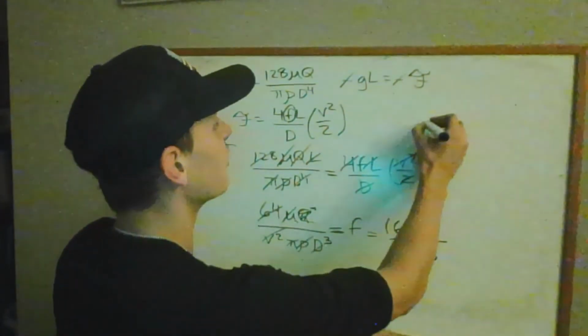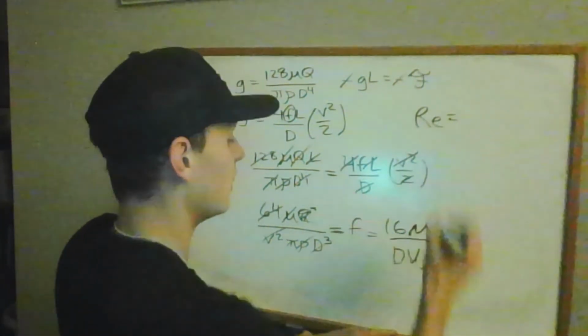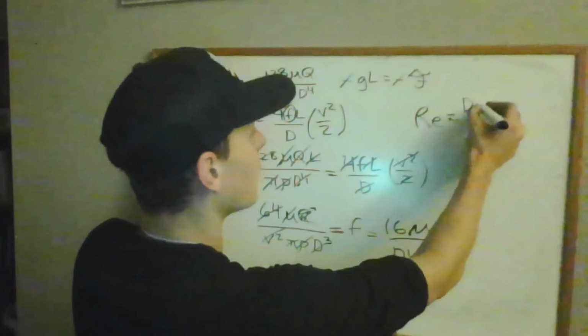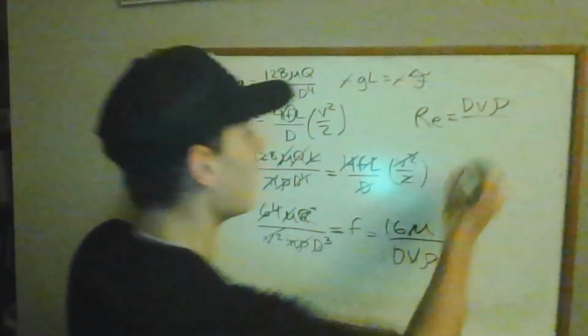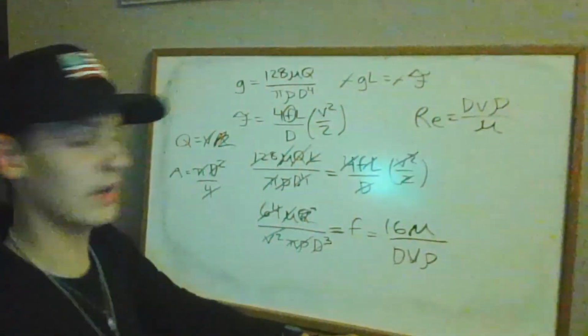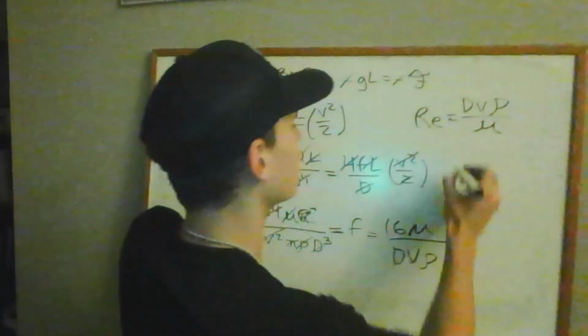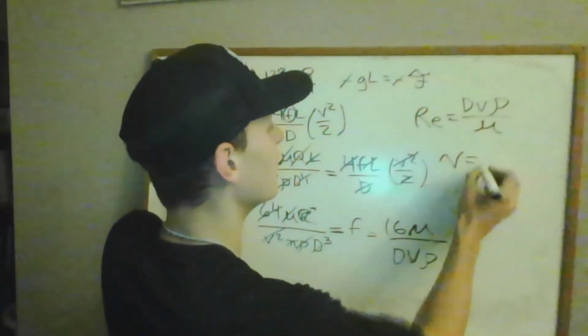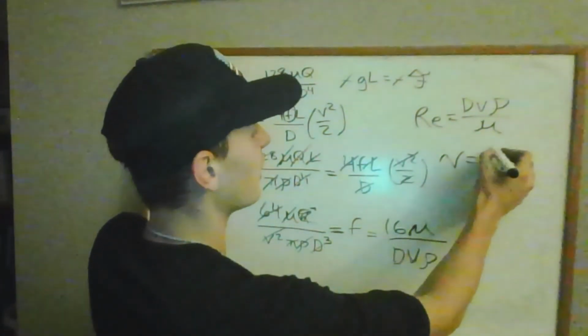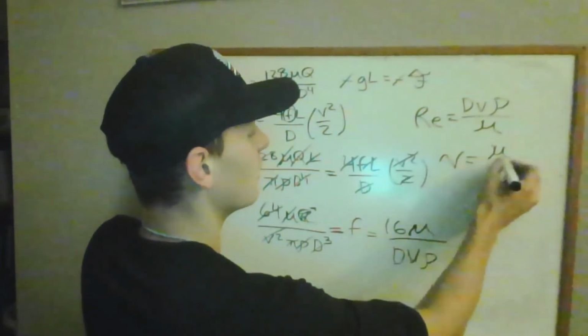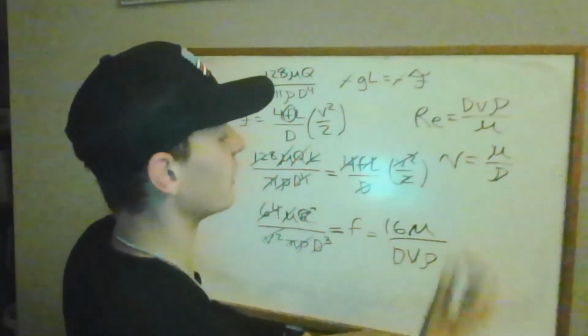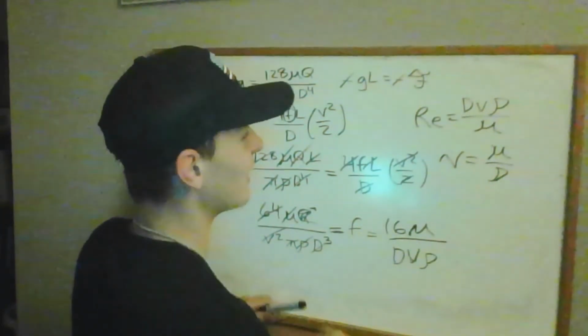What's really cool about this is that the Reynolds number is the diameter multiplied by the velocity of the fluid multiplied by the density divided by the viscosity. Now, remember, you also have the kinematic viscosity that you'll also see this expressed in, and I believe that is the viscosity divided by the density.